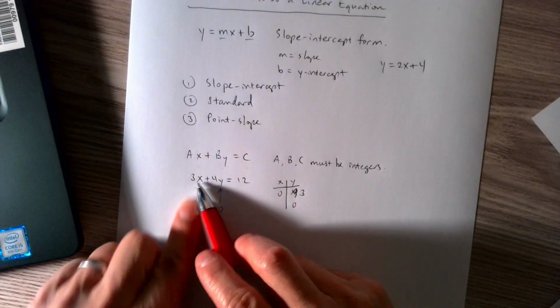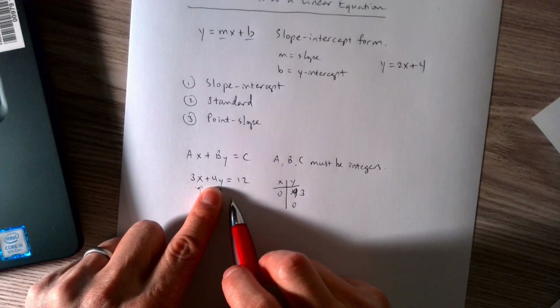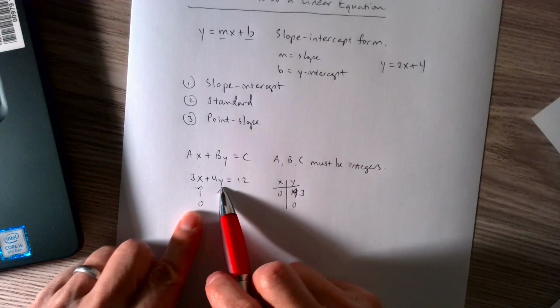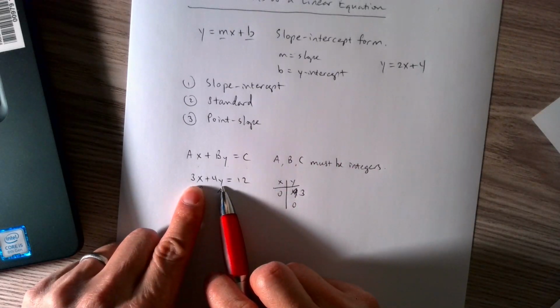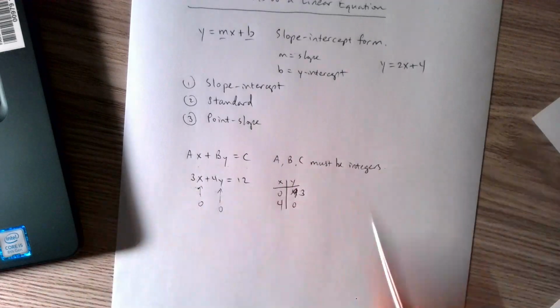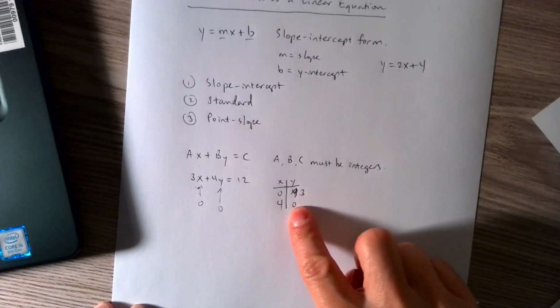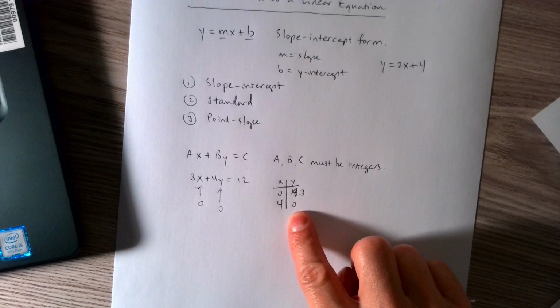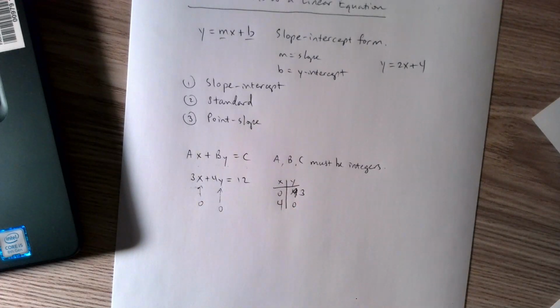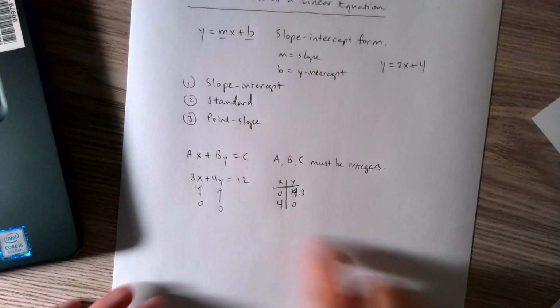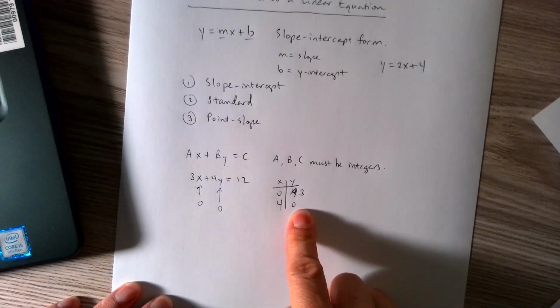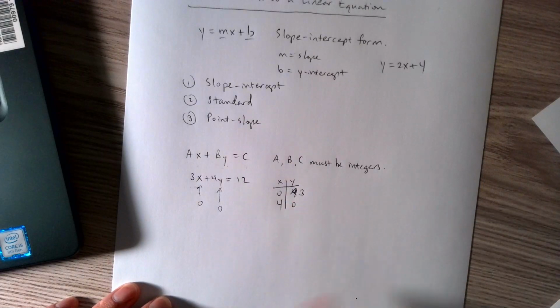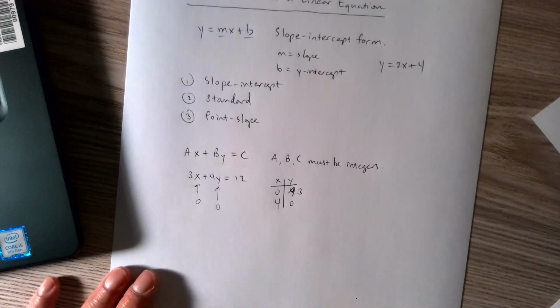So if I plug in 0 for x, y is 3. Yeah. If I plug in 0 for y, then x will be 4. So y-intercept 3 and x-intercept 4. I can get that very easily. It doesn't tell me the slope, but as I said in a couple videos before, if you have the x and y intercepts, you can graph it very quickly, and you'll have the intercepts already.